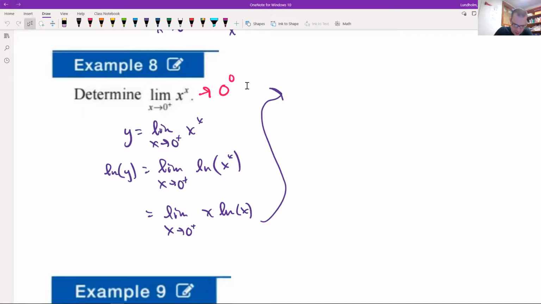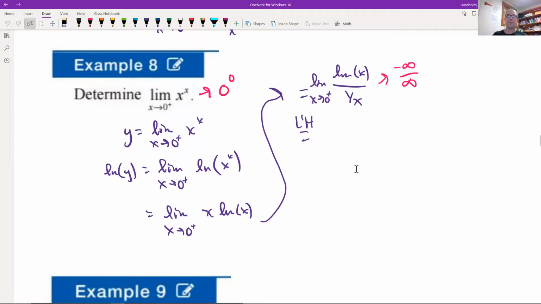I think, if we make this so that we have, oh no, not L'Hopital's rule yet. We're still getting it into a quotient. The natural log on top and 1 over x on bottom. Then we can do L'Hopital's rule, because this is now going to negative infinity over infinity.